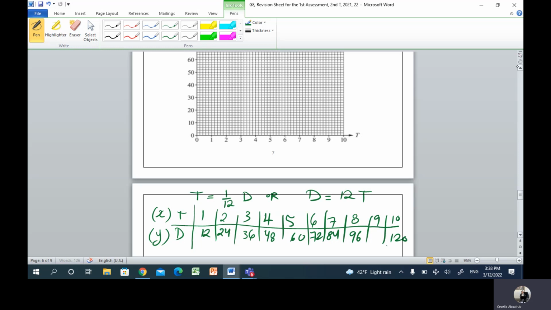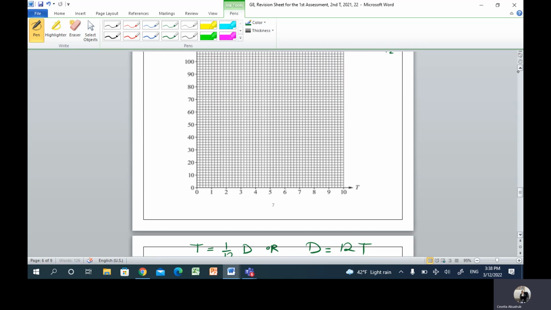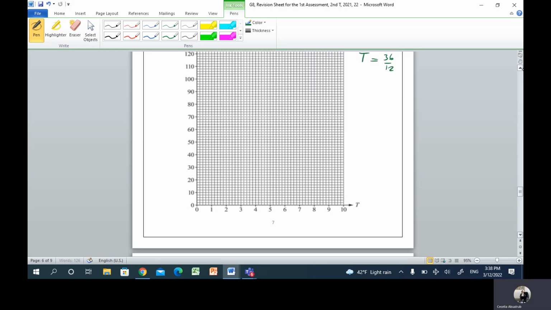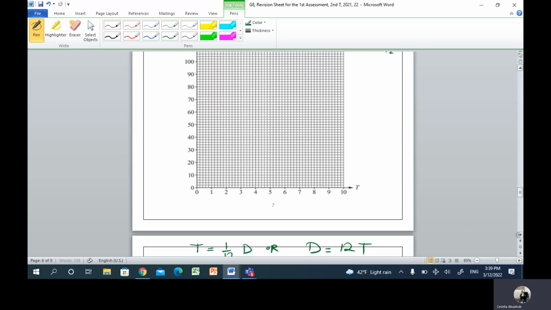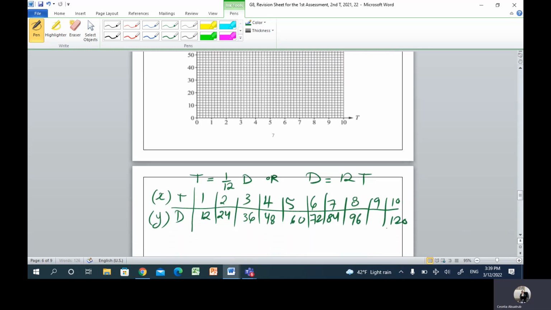And then now we go to the plotting skill. It would be the easiest two numbers to plot. Let me get back here. The easiest to plot is 5,60 and 10,120.